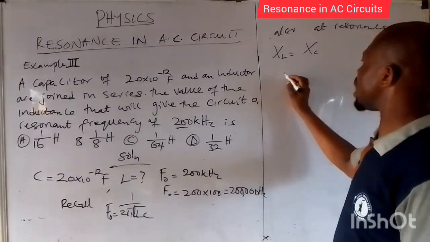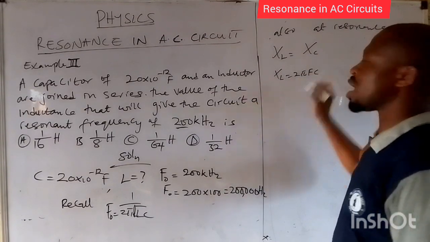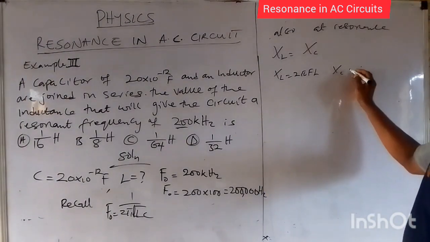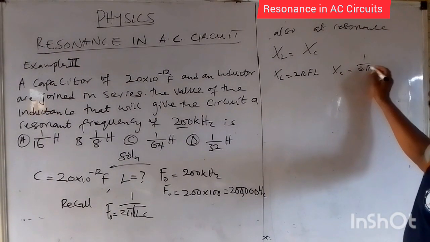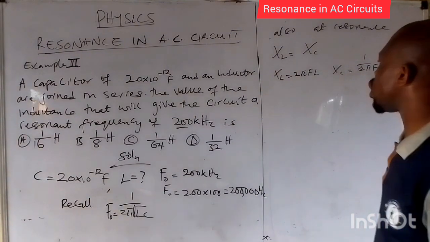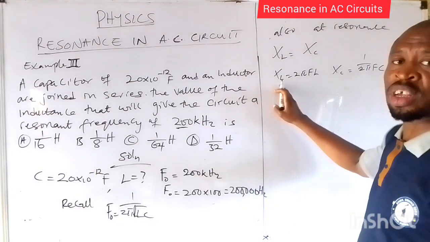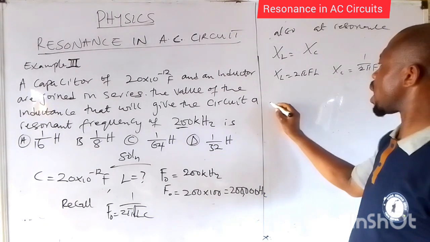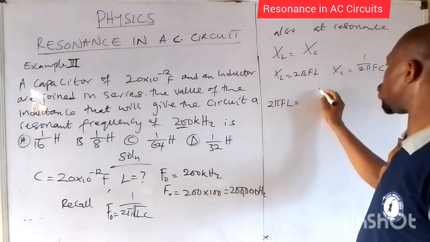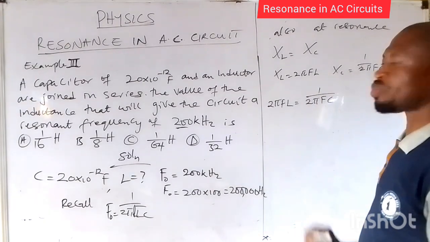Now we know that XL is 2 pi FL, while XC is 1 over 2 pi FC. In other words, we can equate these two, without the reactance of the inductor, because we're not given it. So we can now have 2 pi FL is equal to 1 over 2 pi FC.